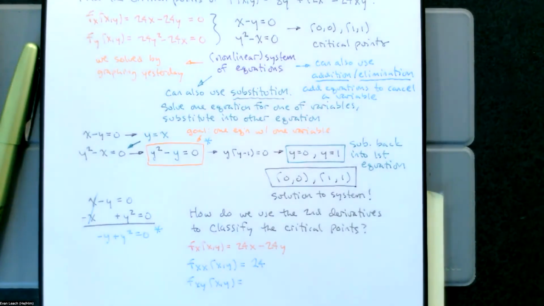Now the derivative of fx with respect to y. Now y is the variable, so x is constant. In this term, x just makes a constant term. So the derivative of 24x with respect to y is 0. The derivative of negative 24y with respect to y is negative 24.